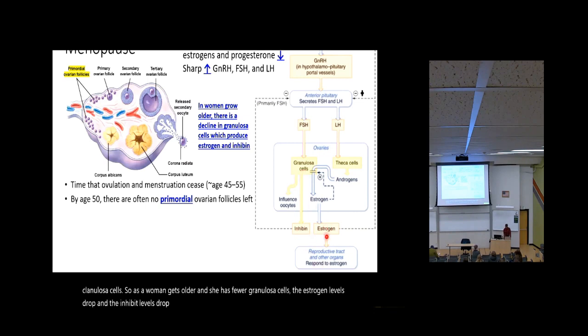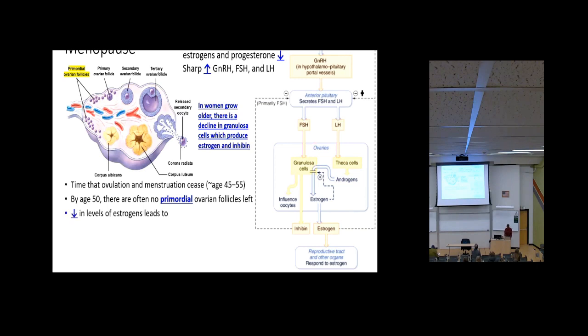Now, without inhibin and estrogen to have a negative feedback effect on blocking the GnRH, FSH, and LH release, that is why the levels of GnRH, FSH, and LH are high, but progesterone and estrogen levels are low. Is this clear? This is a really important figure, and it may not be very intuitive, but keep in mind that you know the answer to why you have low levels of estrogen and progesterone.